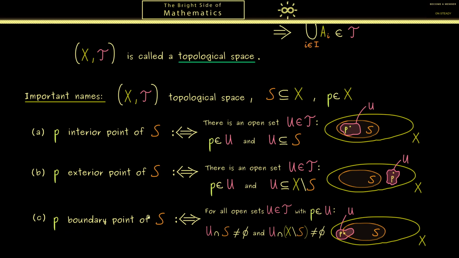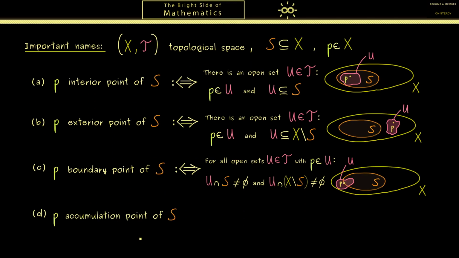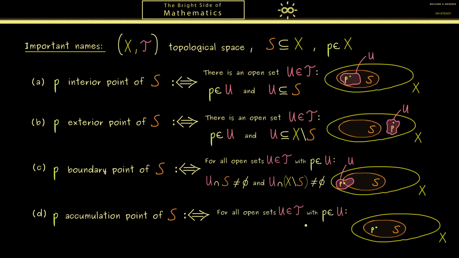Okay, now you might think that we have all the names, but I still want to include a last one. Indeed, this one is often important when we want to deal with limits, and it's called accumulation point of the set S. And it simply means that the point P is not isolated from the rest of the set S. Hence, as before, we can describe this when we look at all open sets U that contain the point P. And then we want that something from the set S remains.